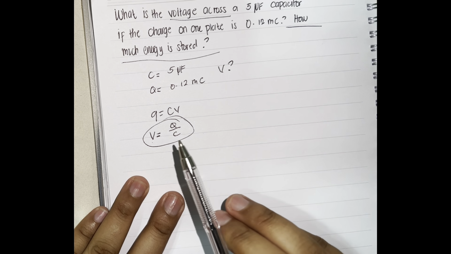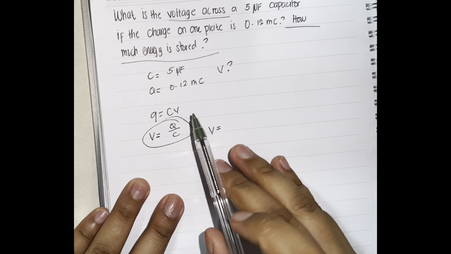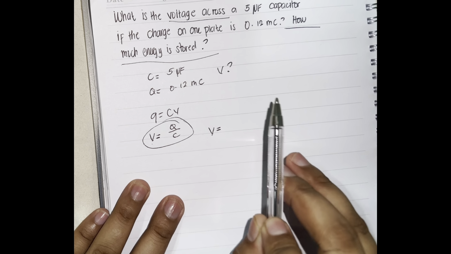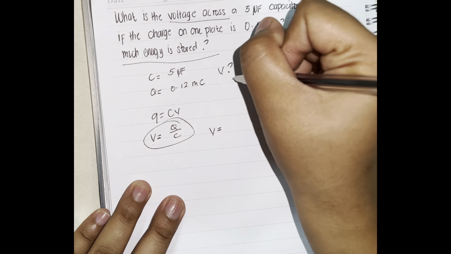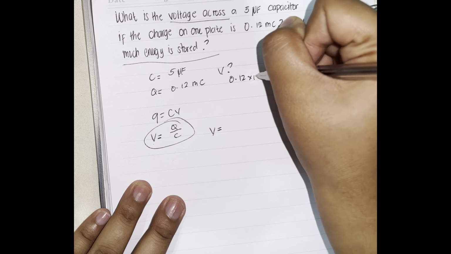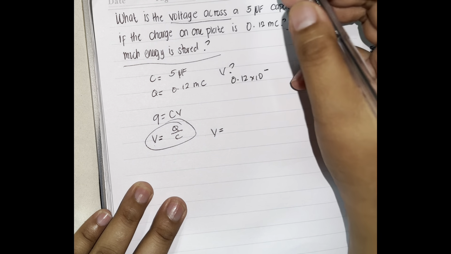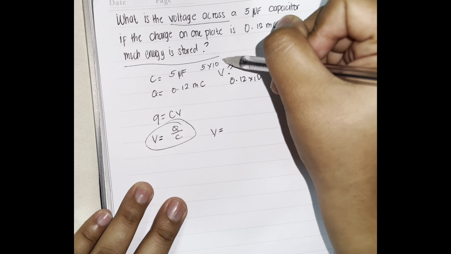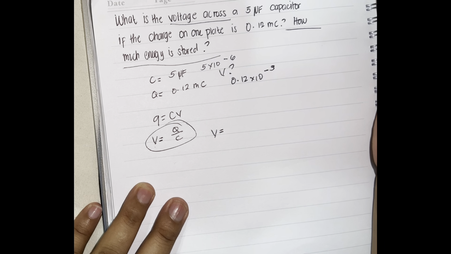So, we plug in the values. V is equal to, the Q is 0.12. Let us turn it into coulombs: 0.12 times 10 to the negative 3, since it is a microcoulomb, while the capacitor is 5 times 10 to the negative 6, since it is a microfarad.